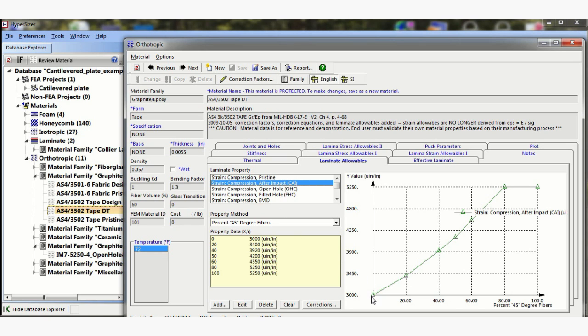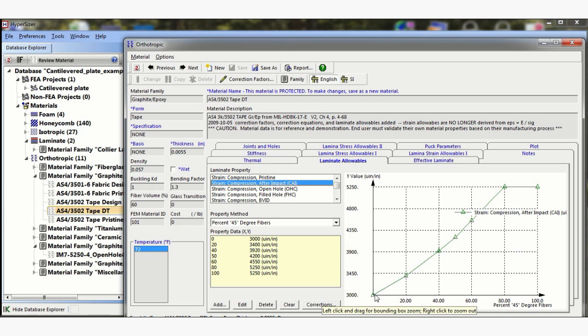We have a laminate with 0% 45s and 100% 45s. Collier has shown a graph all the way, but normally we wouldn't have this. Our design space might go to 90% and might go to 10%, so we'd cut it off here.